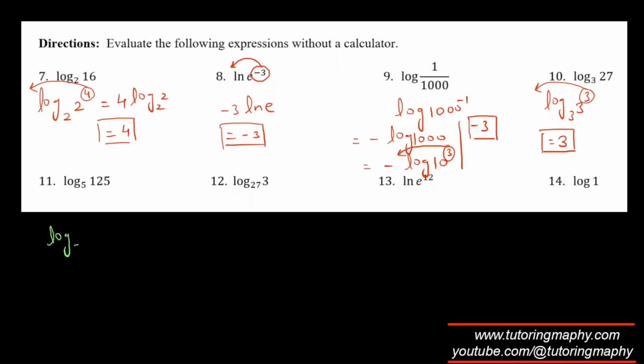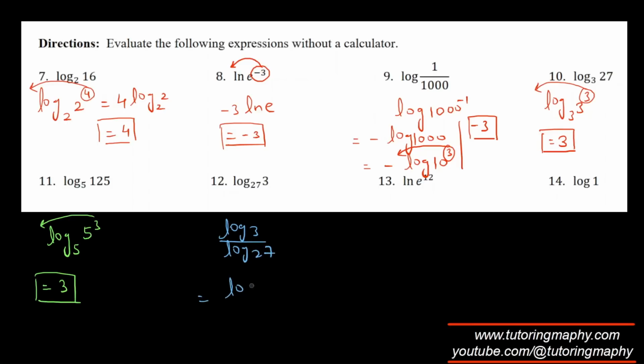Log of 125, so I'm going to say that 125 is 5 cube, right? So 5 cube, and this 3 is thrown outside, and log of 5 with base 5 is 1, and apparently everything is 3 or minus 3. Wow. Okay, here we need to use the change of base formula. So I'm going to rewrite this as log 3 over log 27.